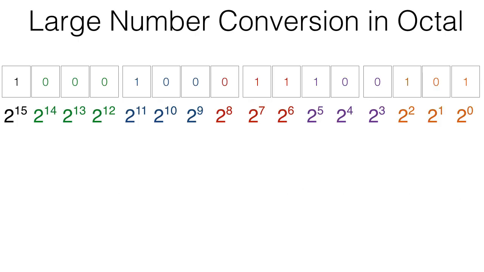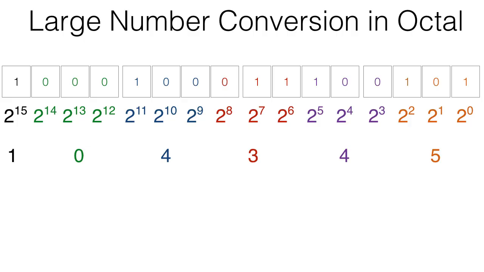All right. So then we learned about large number conversion in octal. If we went through the exact same exercise, we break it down into groupings of 3 bits. So that would be a 5, that would be a 4, that would be a 3, that would be a 4, that would be a 0, of course, and that would be a 1.